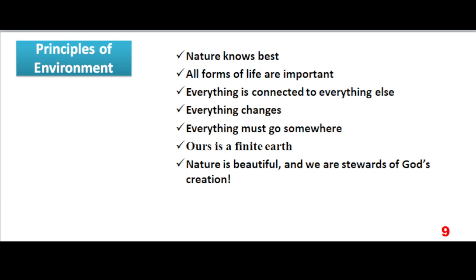Then the next principle is that everything is connected to everything else. In an ecosystem, all biotic and abiotic components interact to ensure that the system is sustained. Any intrusion from outside may cause an imbalance and collapse of the ecosystem. For example, food chains in an ecosystem.